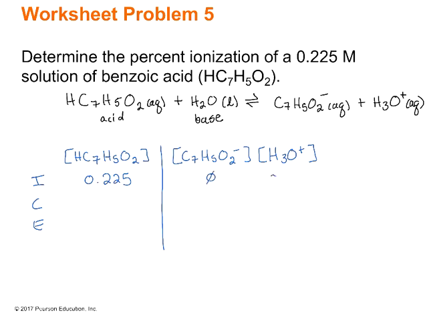And we don't have any of the products, or at least we have approximately 0. And we don't have any complicated stoichiometry here. Everything's 1-to-1. So when we're considering the change, we just have minus x and then plus x and plus x. And then we're going to add those two rows together to get our equilibrium expressions for each reactant and product.